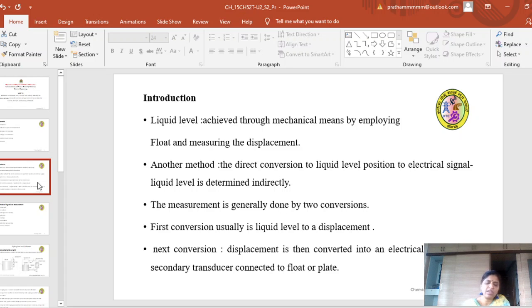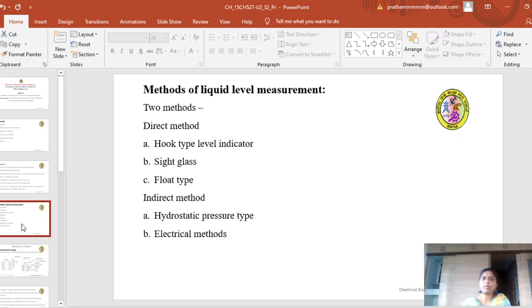A secondary transducer is one more instrument which converts one form of signal or energy to another form, and it can be connected to the float or the plate. So what are the different methods of liquid level measurement?